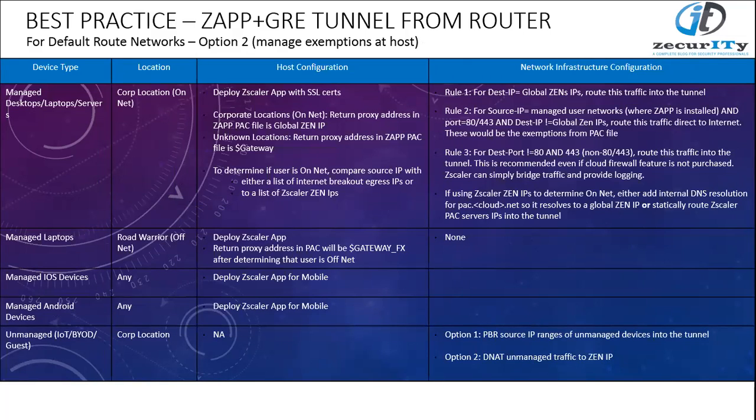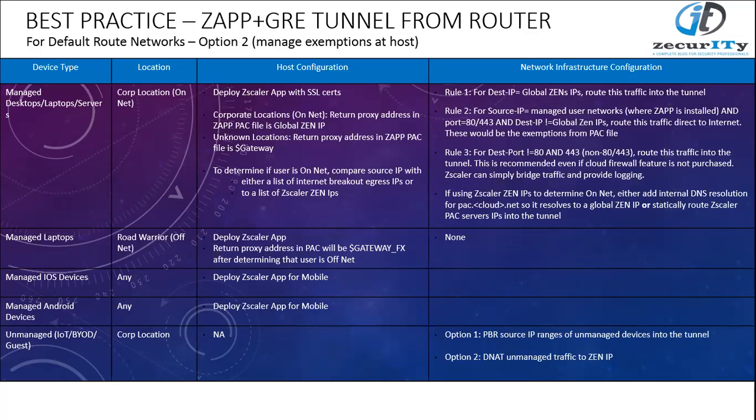The next option: I have the default route on my corporate network, but I am going to manage exceptions at the host level. So how will you manage the exceptions at host level? You need to have a PAC file on your infrastructure, and the PAC file will handle the exceptions. Let's say the user is connected from a managed desktop, laptop, or server. The location is considered a corporate location.